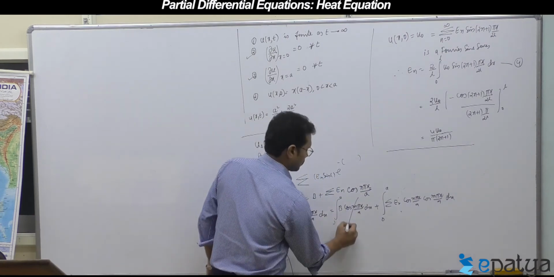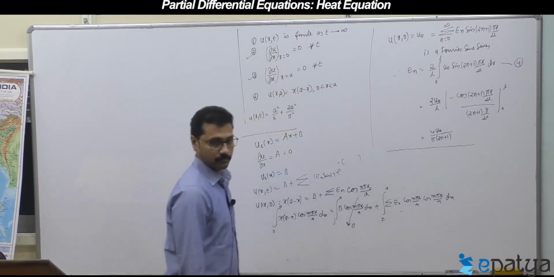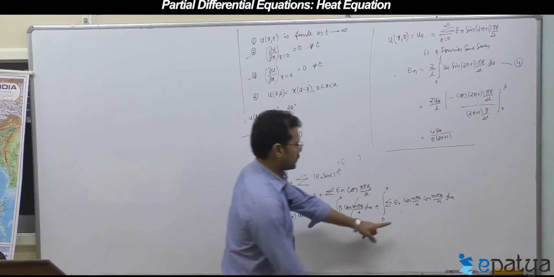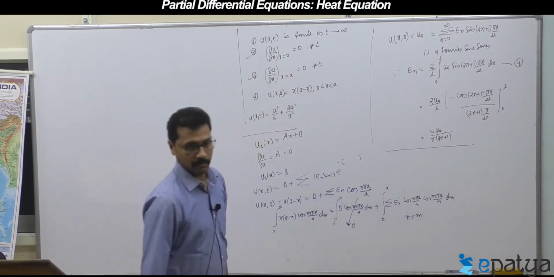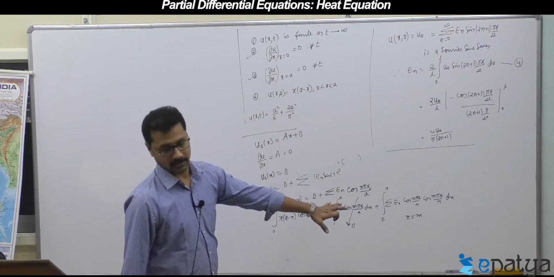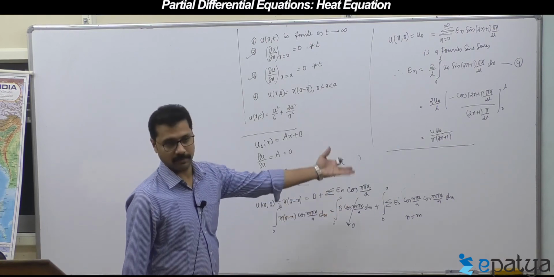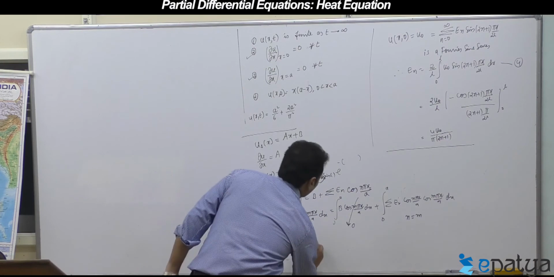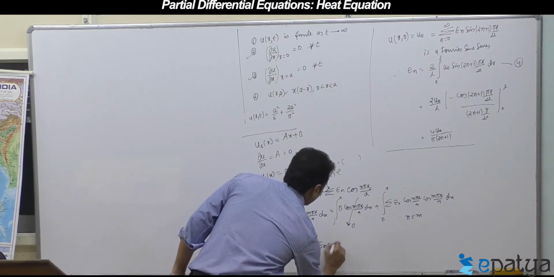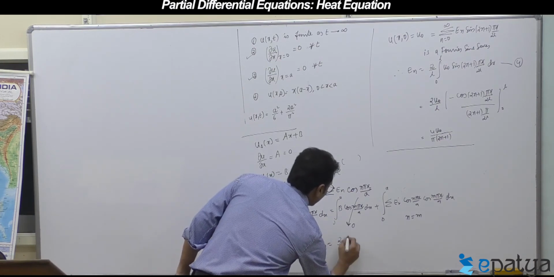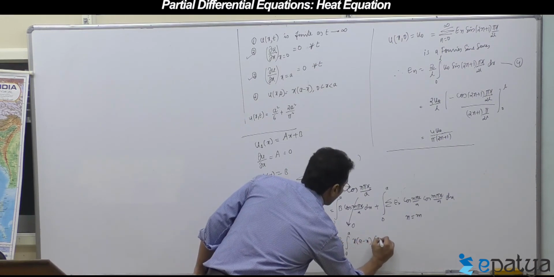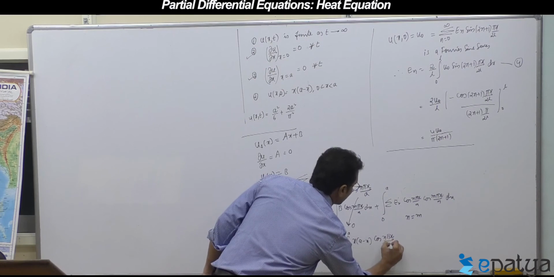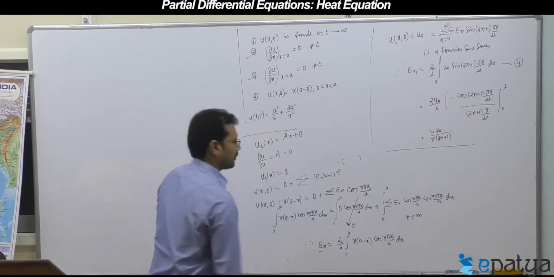This becomes 0. This is possible when n equal to m, a finite value, or else non-zero value. Rest of all of them are zeros. Therefore en would be equal to 2 by a integral 0 to a x into a minus x into cos n pi x by a dx. That will be en only.